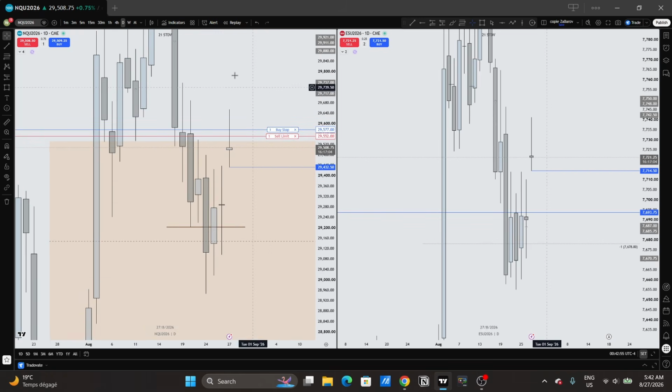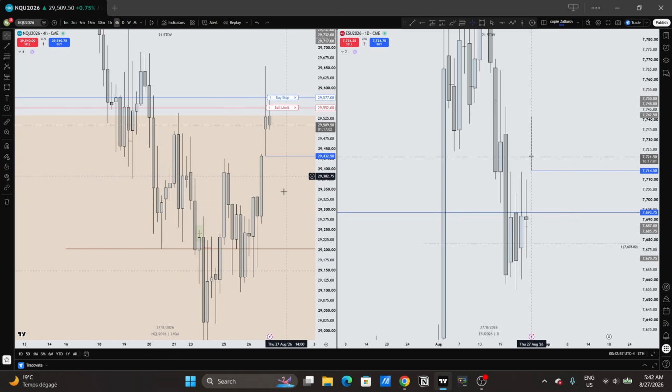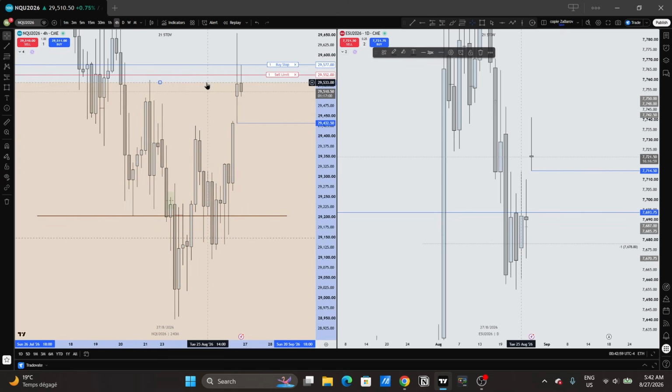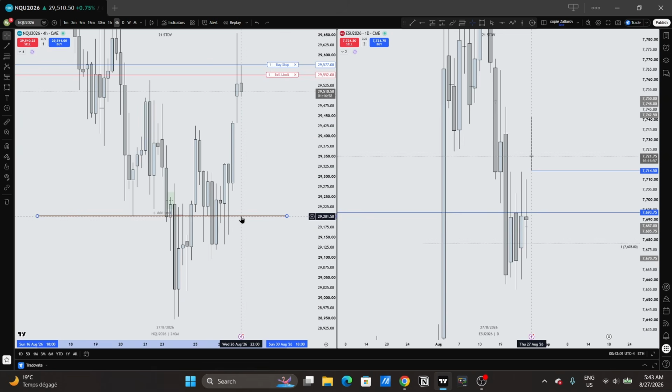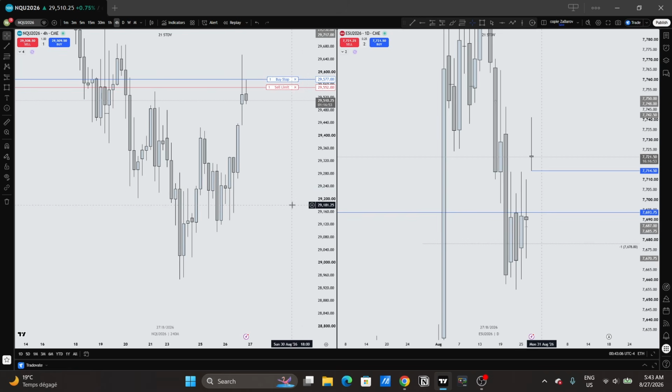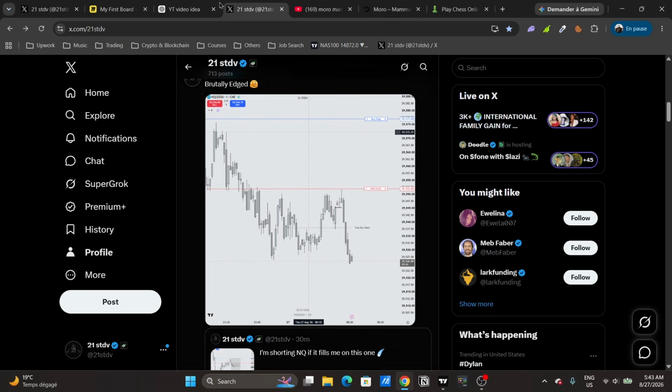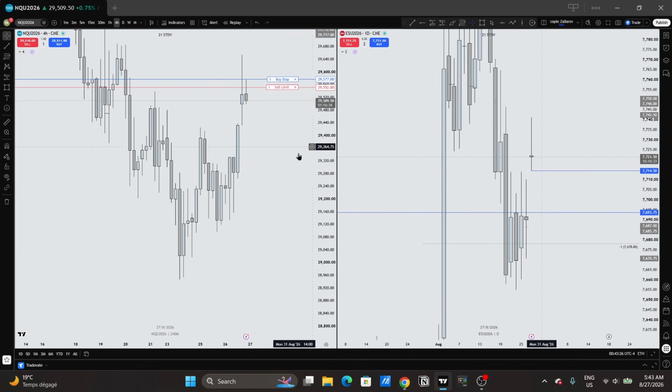Now let's drop down to the 4-hour chart, so I can show you the setup that I spotted. You can see here, I took a trade from this range up to here, but now that we determined our higher time frame bias, we have to find the next step, which is a draw on liquidity.